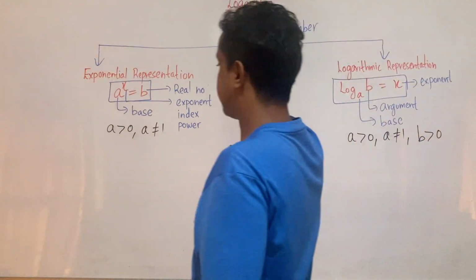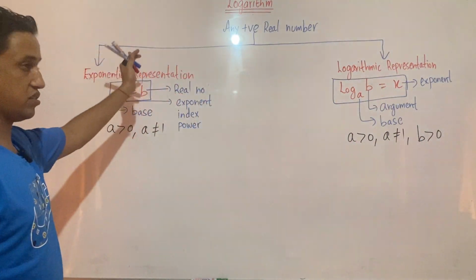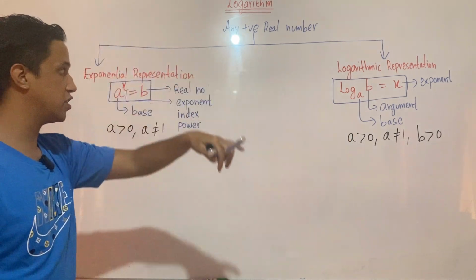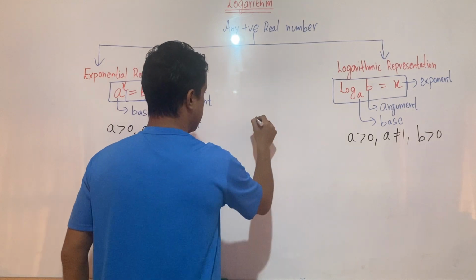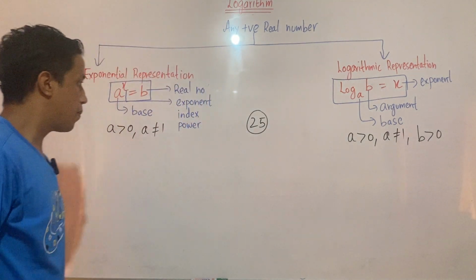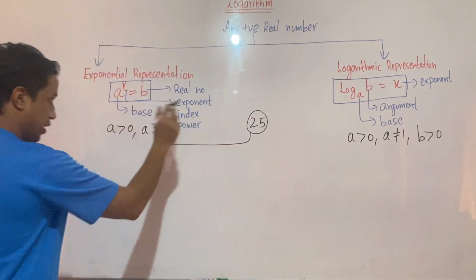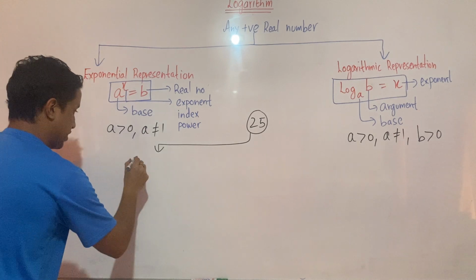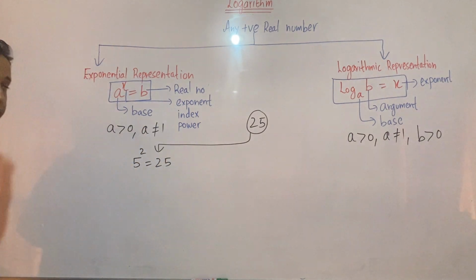Now we said that any positive real number can be represented in two ways. For example, we can take the number 25. 25 can be represented as 5 square equals 25.